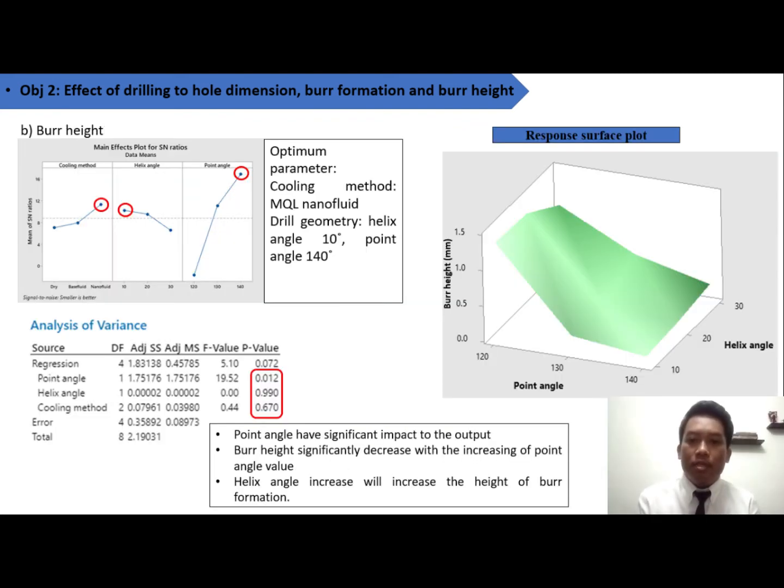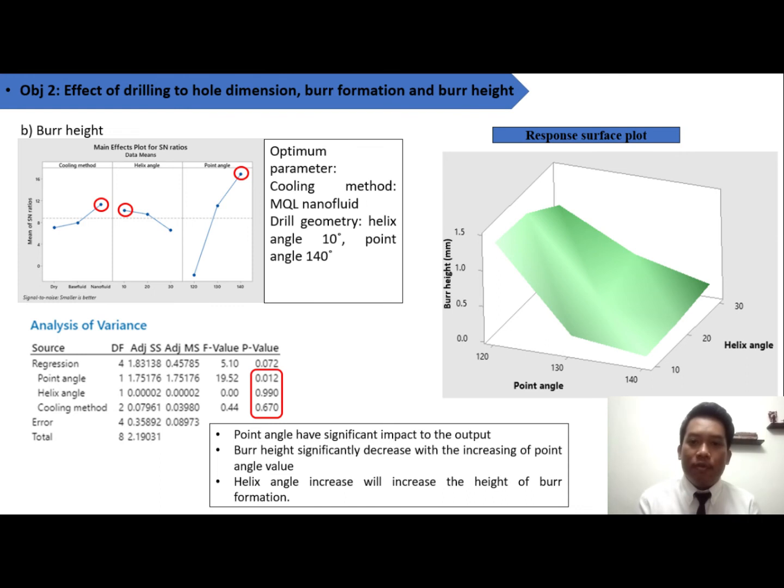From the images of burr formation shown earlier, the analysis for burr height is only done on the exit hole because the entrance hole does not have any burr formation. The analysis of burr height supports the finding of the burr formation, showing that the point angle has a really significant impact on the type of burr formation and also the burr height value.